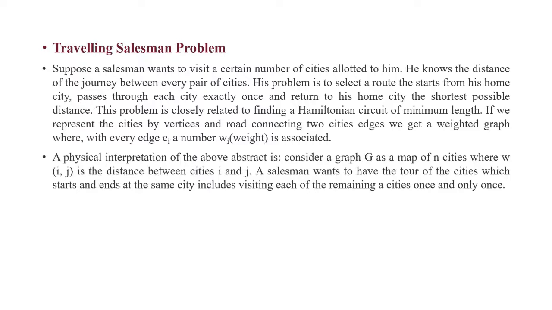So this problem is closely related to finding the Hamiltonian circuit of minimum length. If we represent the cities by vertices and the roads connecting two cities by edges, we get a weighted graph where every edge e_i has a number w_i associated with it. The physical interpretation is to consider a graph G as a map of n cities where w(i, j) is the distance between cities i and j.